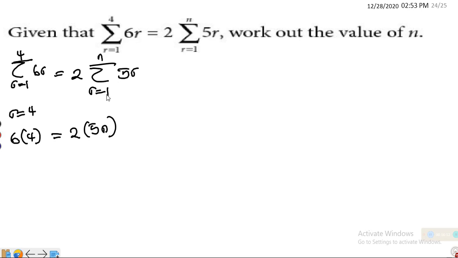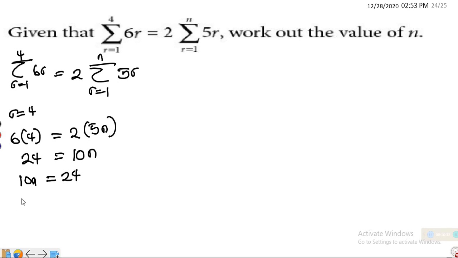So since this one started from 1, the n of this one will be 4 as well. So 6 times 4 is 24 equals 2 times 5, which is 10n. So 10n equals 24.